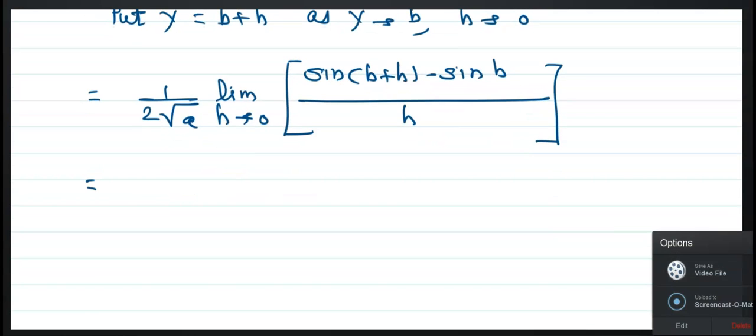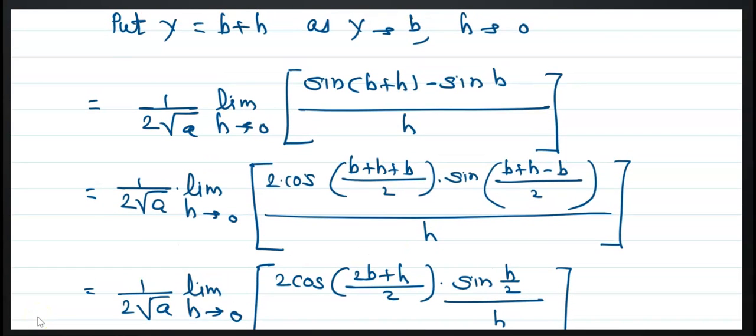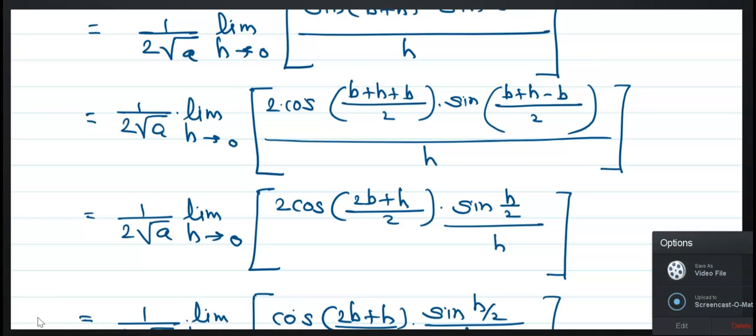Now here we will apply the formula for sin c minus sin d, that is 2 times cos of (c plus d) upon 2 into sin of (c minus d) upon 2. Now b plus b plus h is 2b plus h upon 2. Sin of b gets cancelled here. It is h upon 2 upon h.